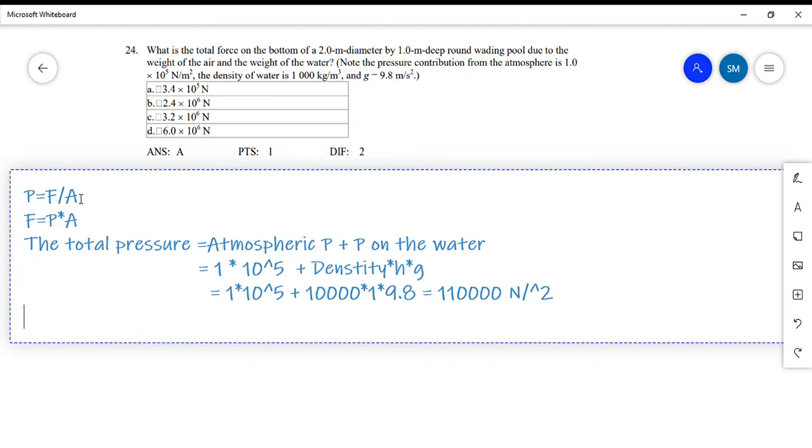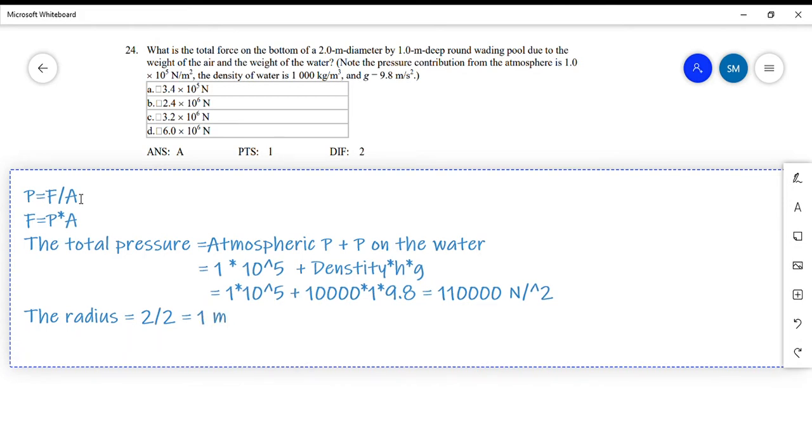The area, or let me write the radius first. The radius is equal to the diameter over 2. He gave us in the givens the diameter, so the radius is 2 over 2, which is simply 1 meter. So the area of the surface, he gave us the radius, so the surface is simply a circle.